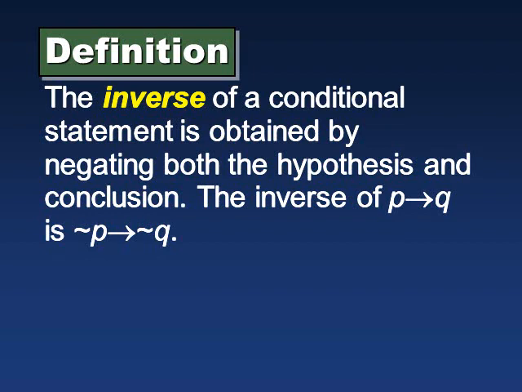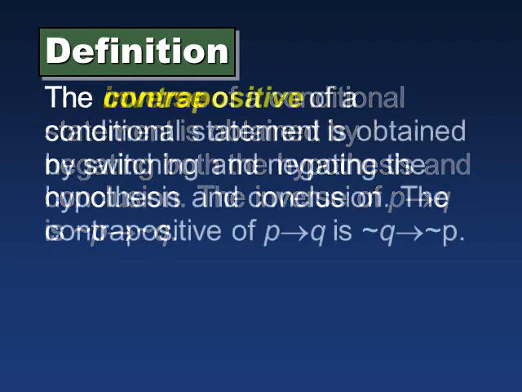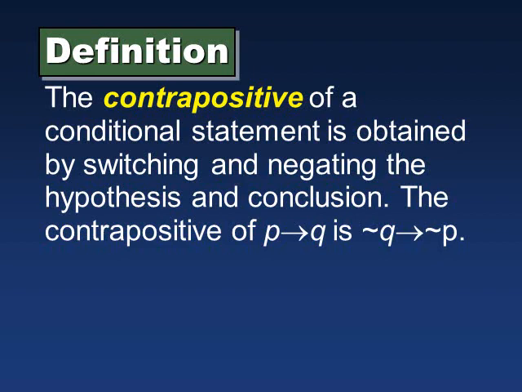So instead of if P then Q, you've got if not P then not Q. And the contrapositive is where if you have if P then Q, then you switch and negate. So if not Q, then not P. Okay, that's contrapositive: switch and negate.